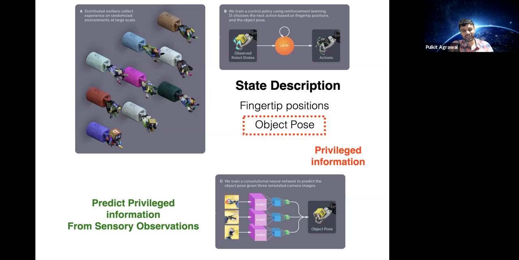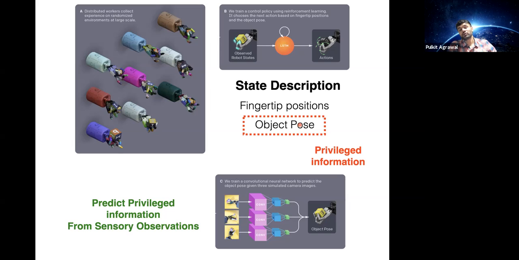For example, in this case, I can train a convolutional network which can take in the images of the hand and the object and predict the pose of the object. So in this way, the policy learning becomes easy because I have access to this extra information.